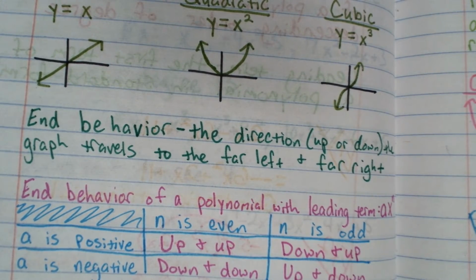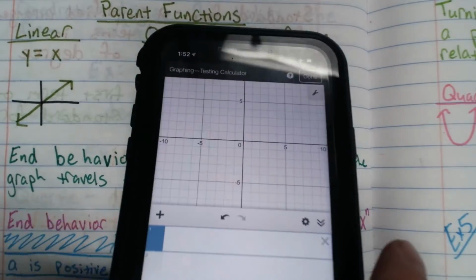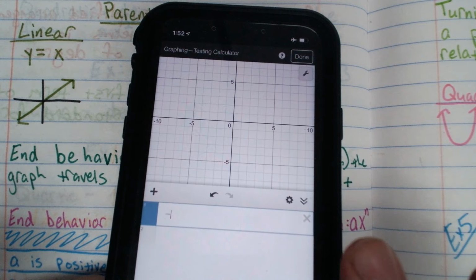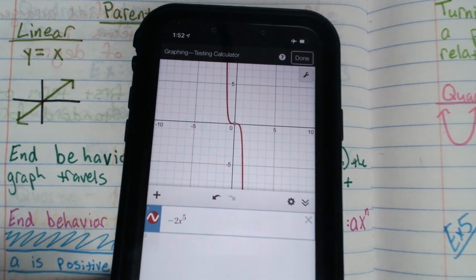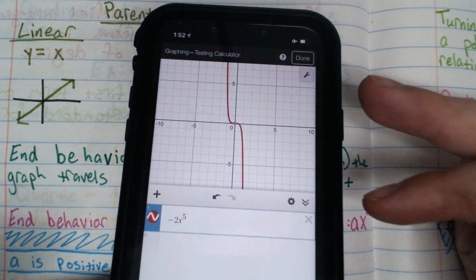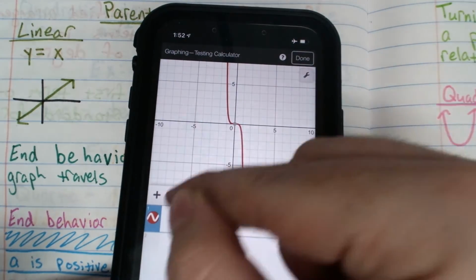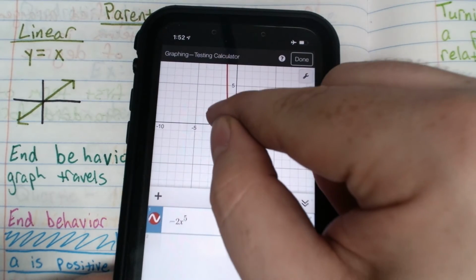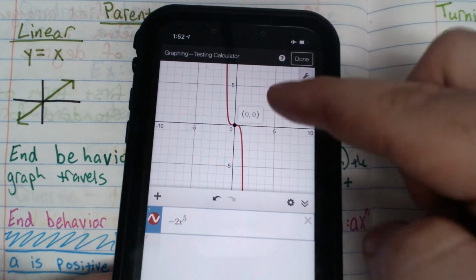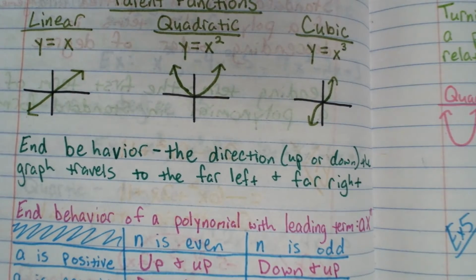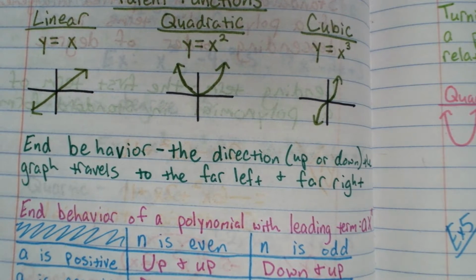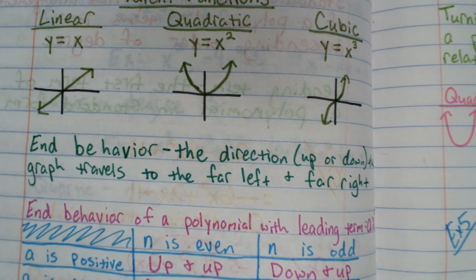If a is negative, so let's look at something like negative 2x to the fifth power. See, now that reflects us again. So instead of going down to the left and up to the right, we're going up to the left and down to the right.